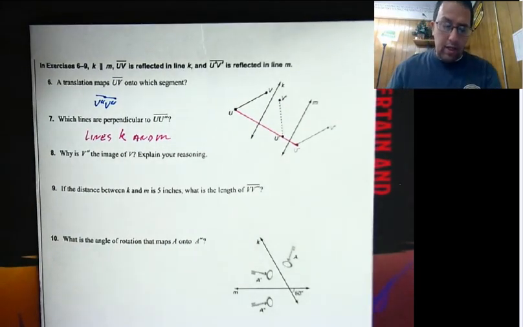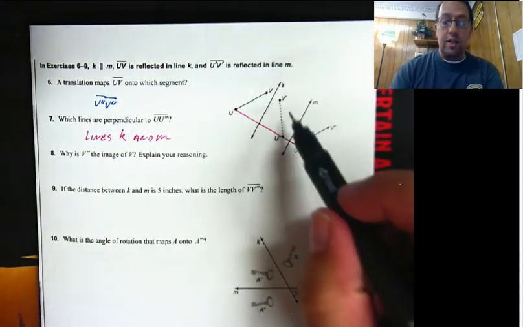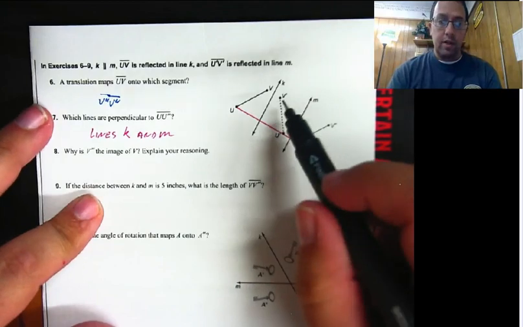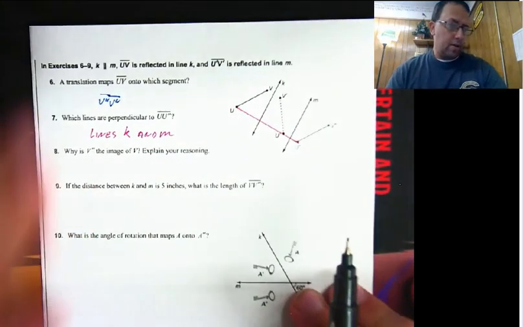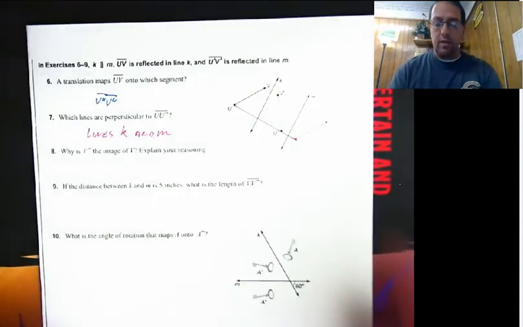Next, why is V prime prime the image of V? And we need to explain our reasoning on this. So, V prime prime, the name of it says that it's the image of V prime, right? Because it's the image of V. However, how do I know that this is the image of that?